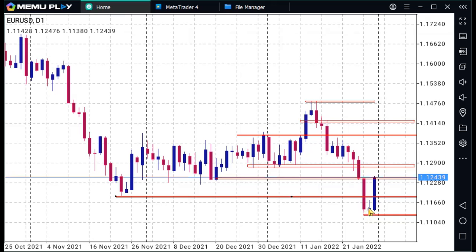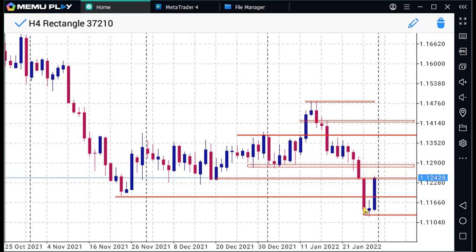Then the next day, price could not climb back above the support that was broken. So this is called a clear breakout because price left the support totally, the candle closed totally out of the place where the market was moving. If we measure from this point to here, it's not the same. So it went a little bit downward, and they didn't sell it again but started moving upward.